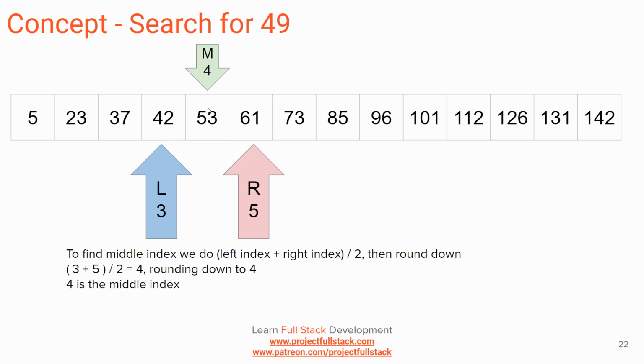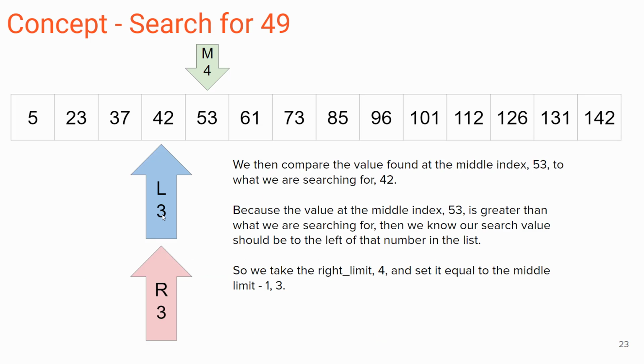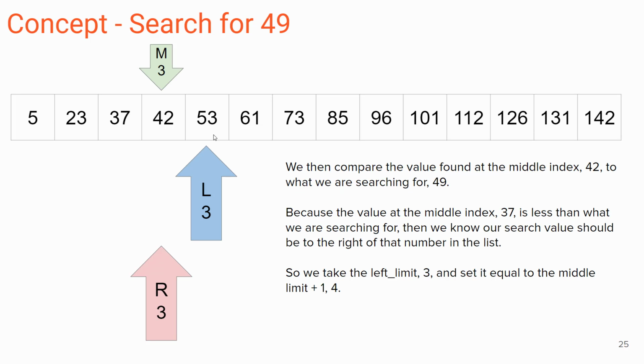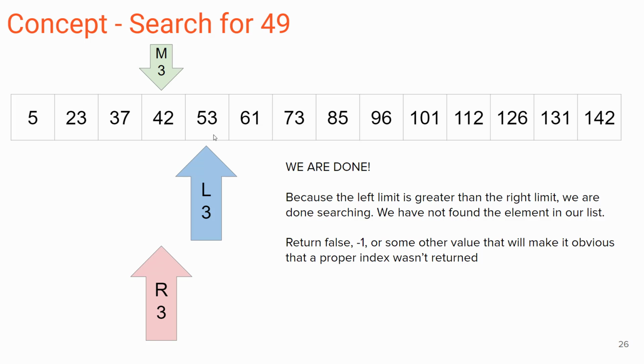Do a comparison. 53 is greater than 49, so I need to move my right limit 1 past middle. Recalculate my middle. Do a comparison. 42 is less than 49, so I take my left limit and I move it 1 past the middle. And in this case, we're done.